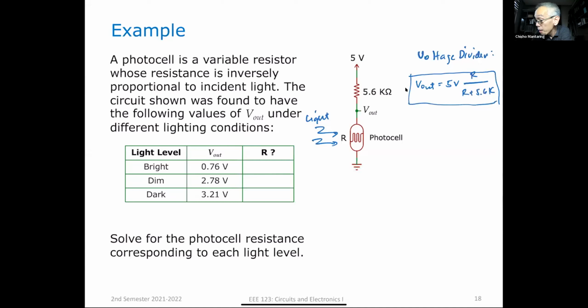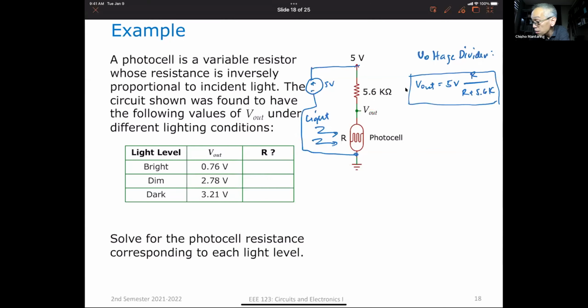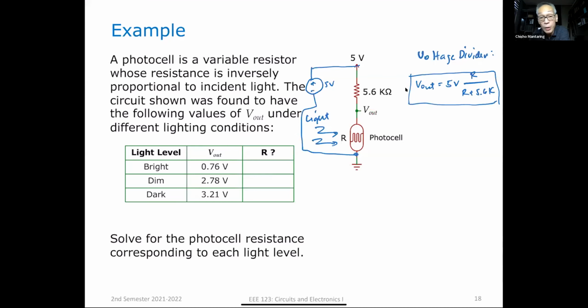Or another way of showing this is as if you have a supply here of 5 volts, connected that way. So by voltage divider, the voltage across this and the voltage across this will distribute proportional to the resistor value. And this is going to be your formula for V out.